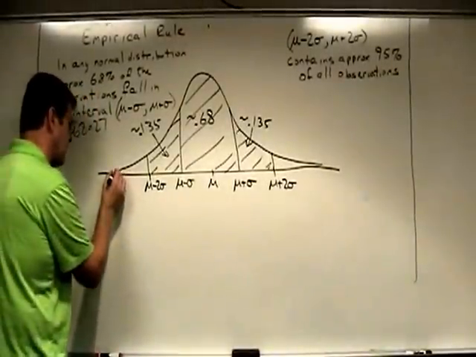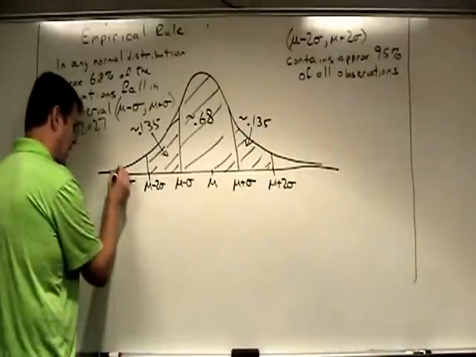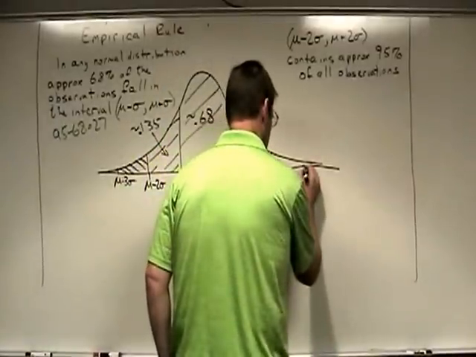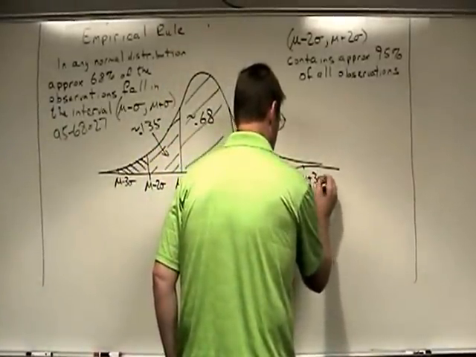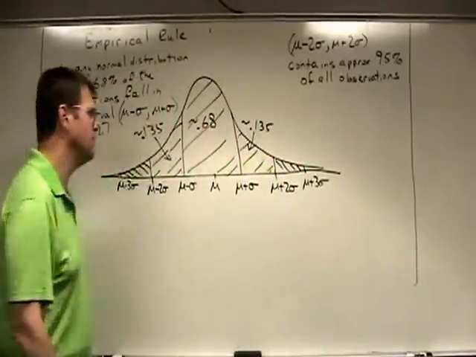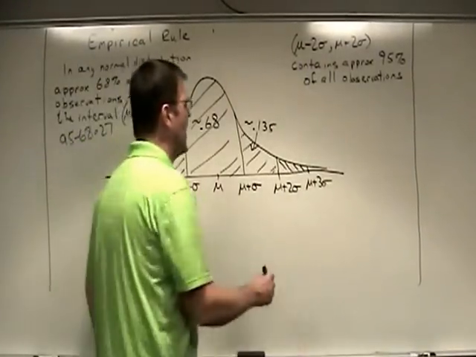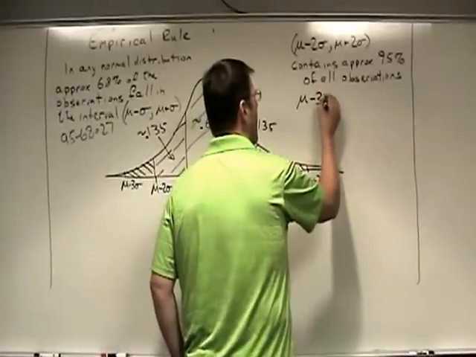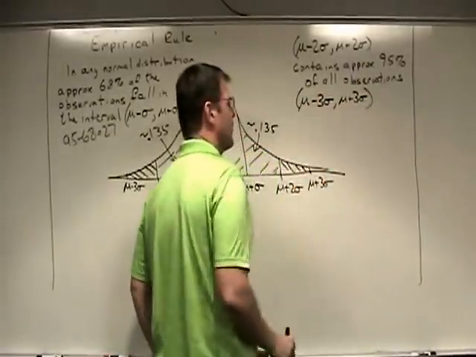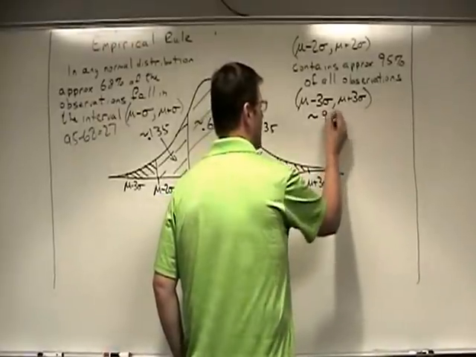Now, for 3 standard deviations, we're now adding on that region right there, and this region right there. And for that interval, the approximate percentage is 99.7%.